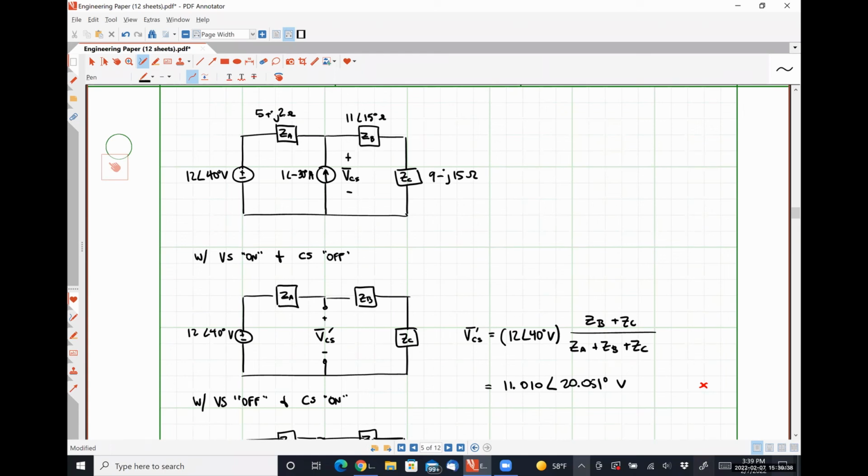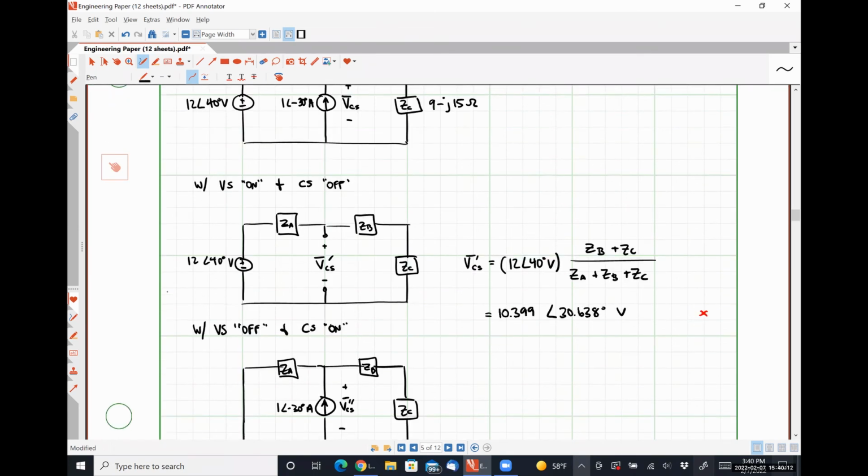Store that as A. And then 10.399 with an angle of 30.638. All right, so was it calculator error? My handwriting was not legible enough, so I apologize for that.